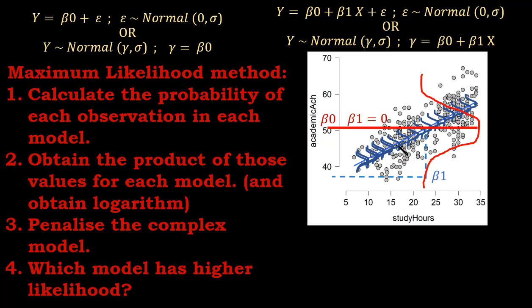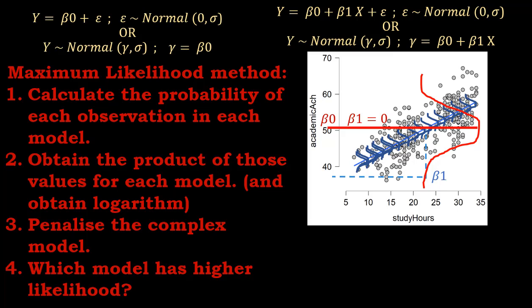All the values that are close to this midline in this distribution are very probable. They have a high probability. But the values that are further away have a very small probability. So you calculate the probability of each observation in each model, and then you move to the second step, which is to obtain the product of those values.